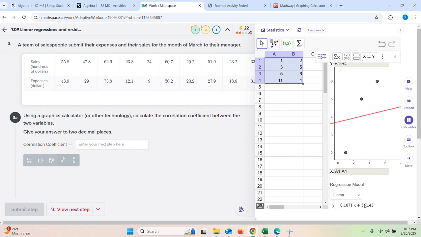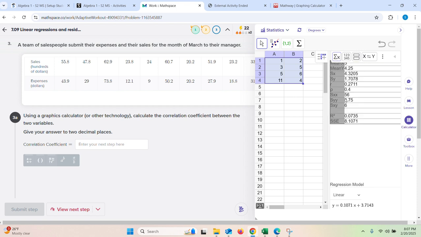It gives you the equation that you'll need later on. You click this funky little show statistics, the funky little backwards 3. It gives you all these numbers. You look for the R. That's your correlation coefficient. If it's positive, it's a positive correlation. If it's negative, it's a negative correlation.